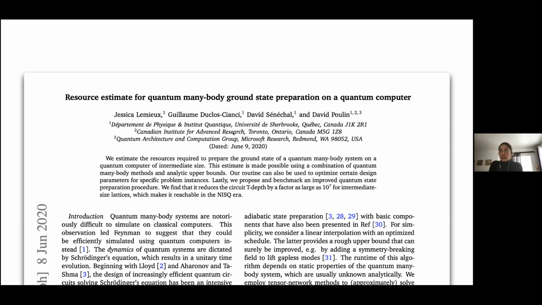This work has been done in collaboration with people from Sherbrooke, Guillaume Duclos-Cianci, David Sénéchal, and David Poulain. You can find the paper related to this work on the arXiv for now, if you're interested in more details.